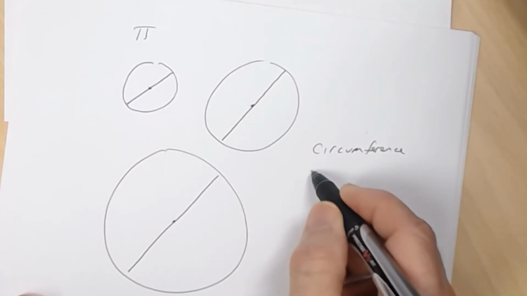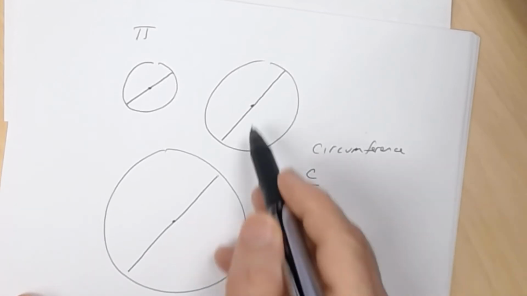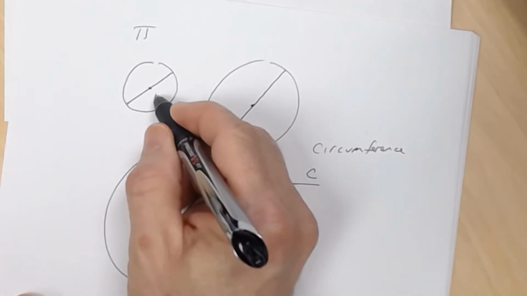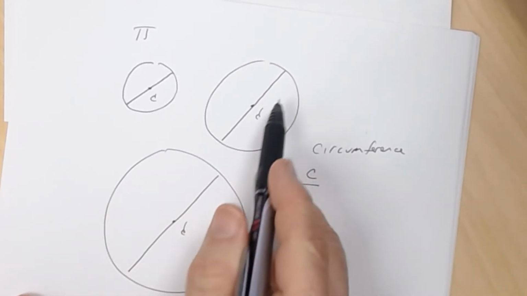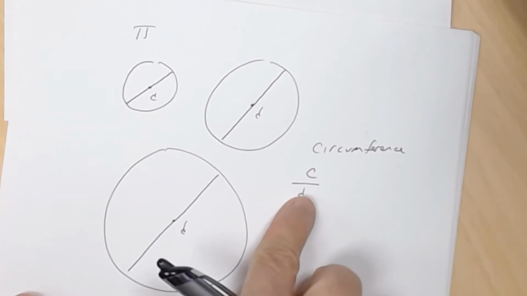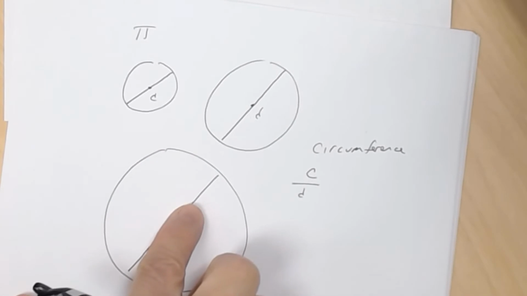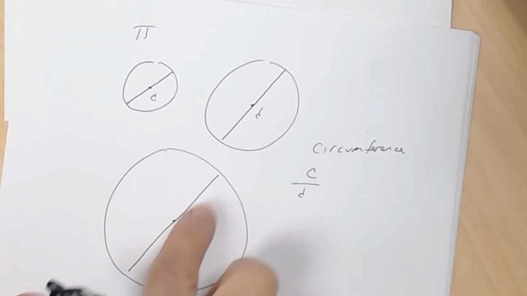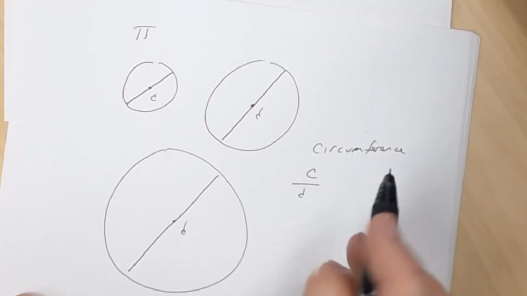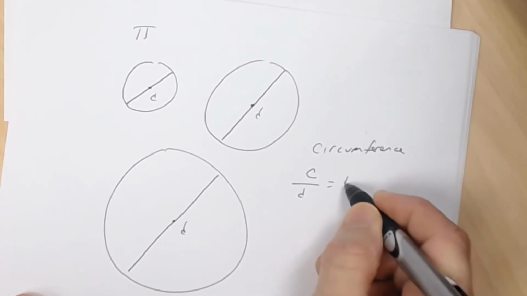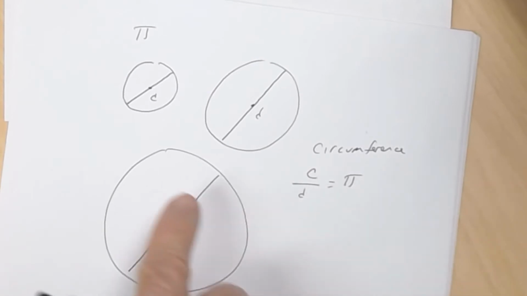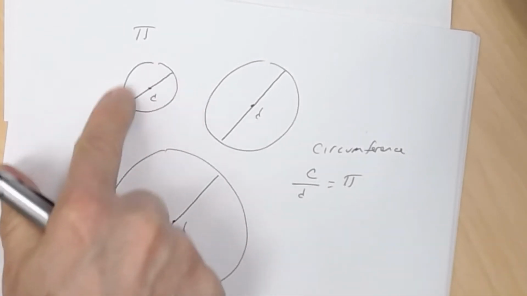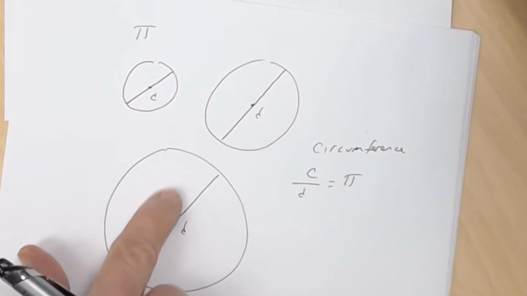So if you look at the circumference and you divide that by its diameter, for all these circles, that ratio is the same number. And that ratio, that number, is equal to pi. That's where pi comes from. So pi is just the ratio of the circumference of a circle divided by its diameter.